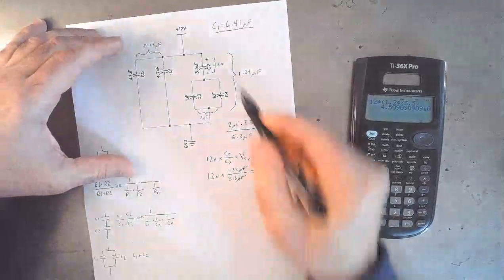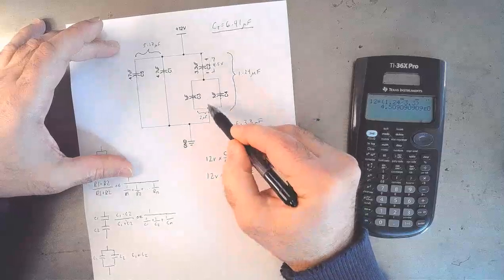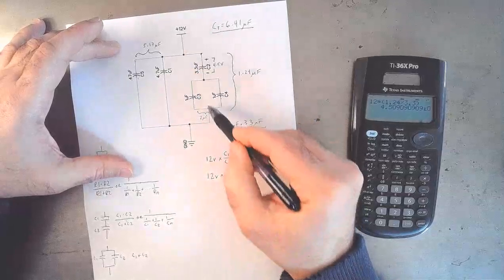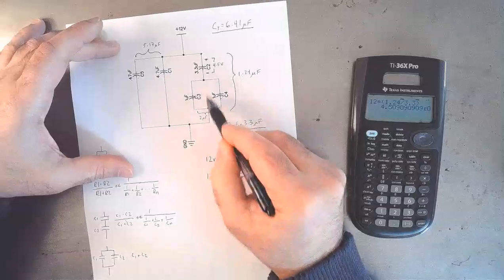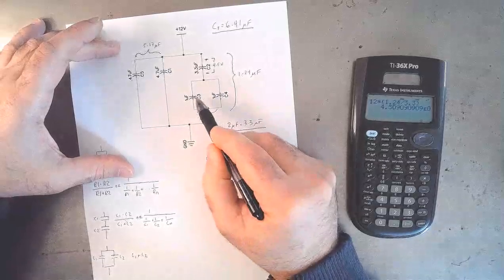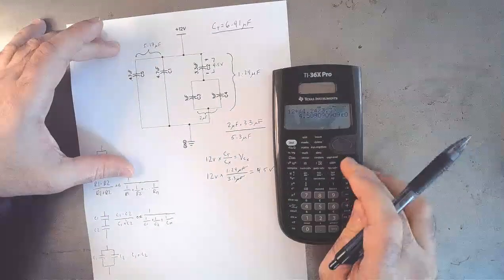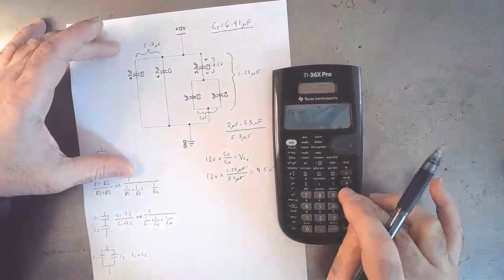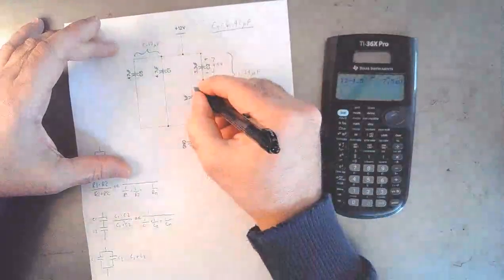If there's a voltage drop of 4.5 volts right here, then the remainder of the 12 volts must be across these two. These are in parallel, so they must have the same voltage across each. So the voltage across C3 and C4 is 12 volts minus 4.5 volts, which is 7.5 volts.